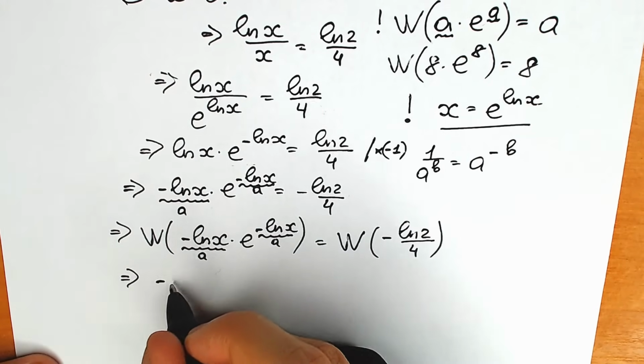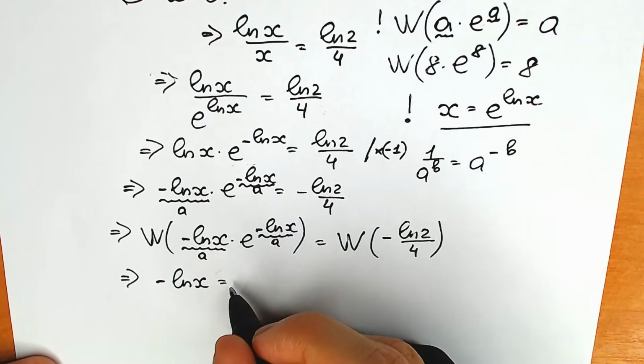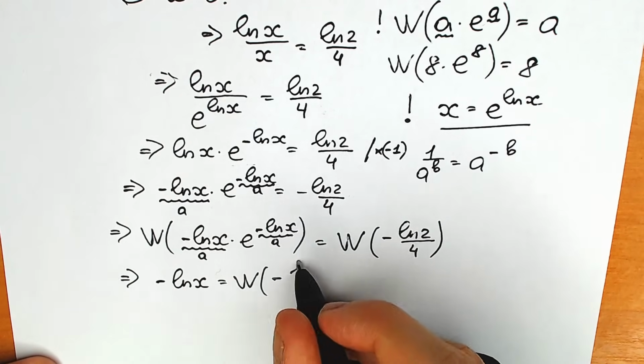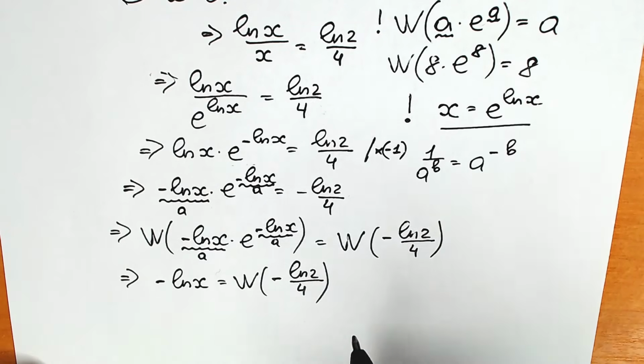So we have minus natural log x on the left side equal to the Lambert W function of minus natural log 2 over 4. This is our right side.